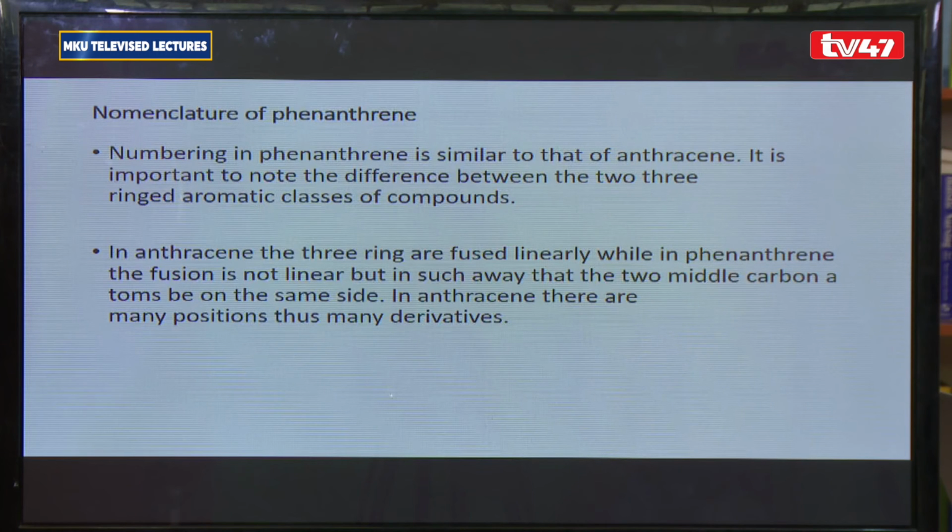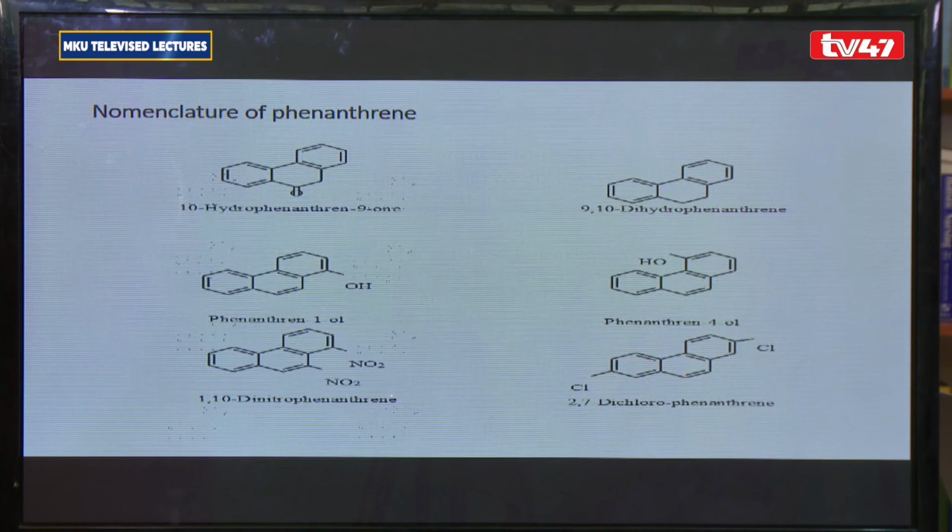that is phenanthrene. Again, it has 3 fused rings, but they are not linear to one another. So let's go to the structures themselves.